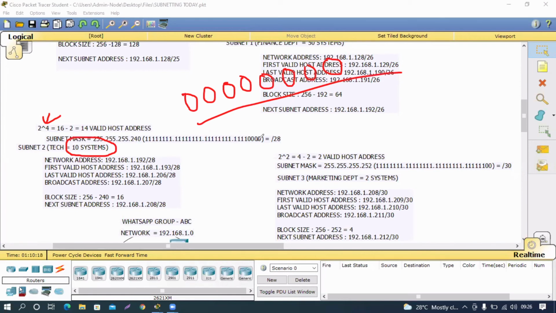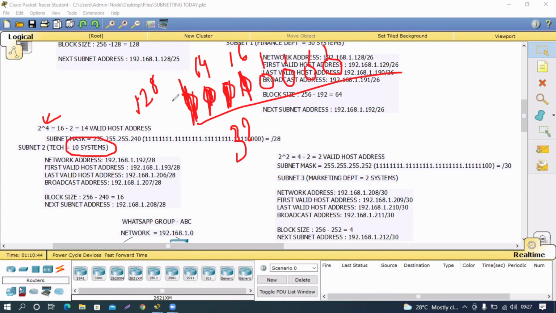Yes, 4 host bits. So if you take 4 host bits, all the other bits are converted to ones, right? These are getting converted into ones. So what exactly are the values? This is 128, this is 64, this is 32, this is 16.